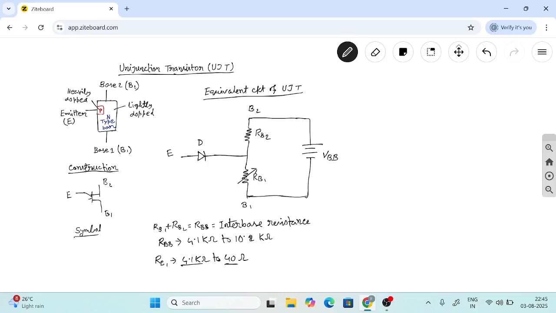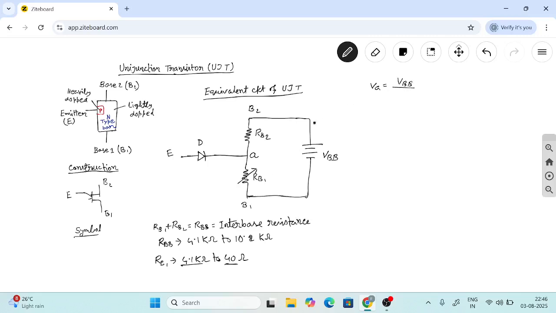Suppose this is the point A, and voltage appears across RB1. That means the potential at point A is equal to VA.